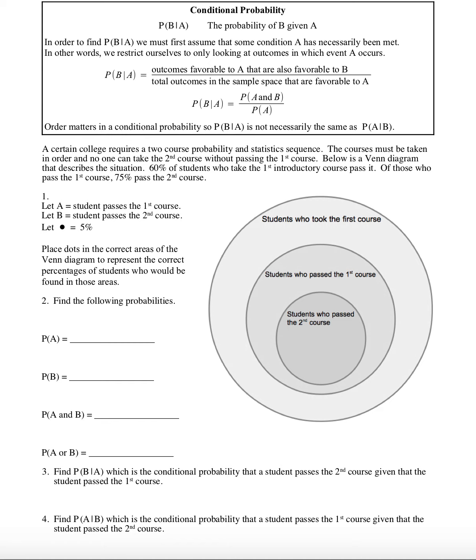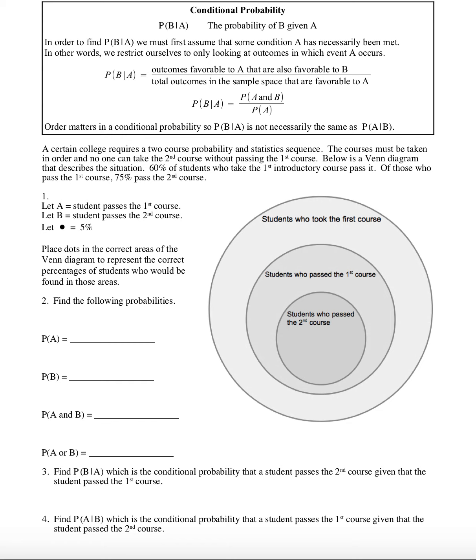So the problem says, a certain college requires a 2-course sequence where the courses have to be taken in order, and nobody can take the second course without first passing that first one. So below, a Venn diagram is drawn for you, and it gives us some numbers with it. 60% of students who take the first course will pass it.